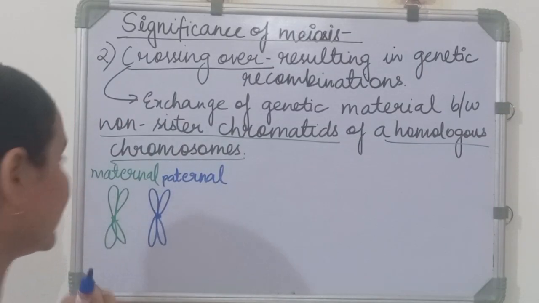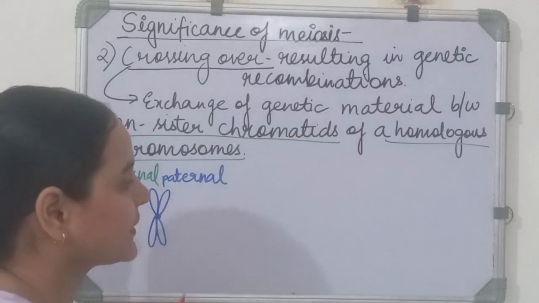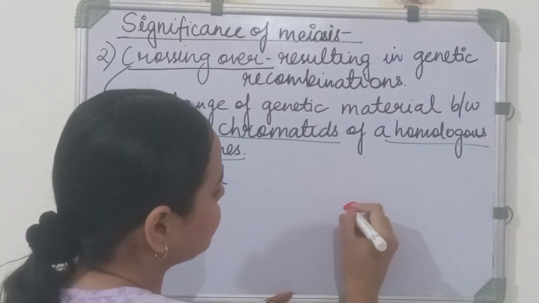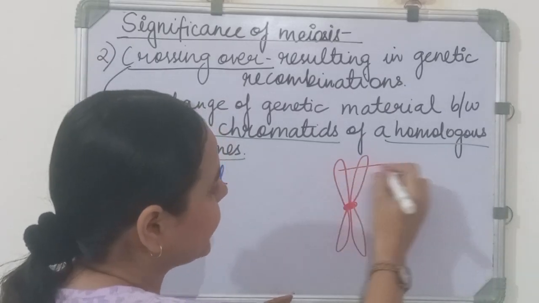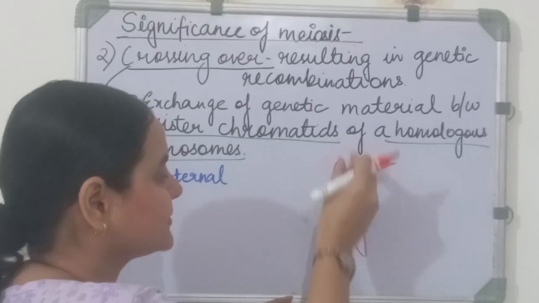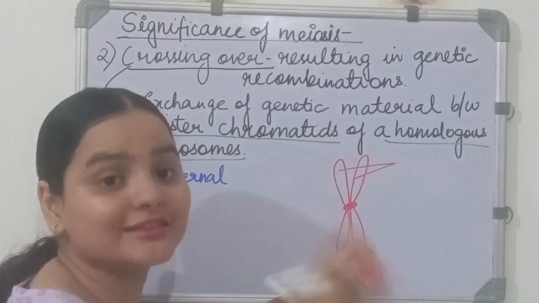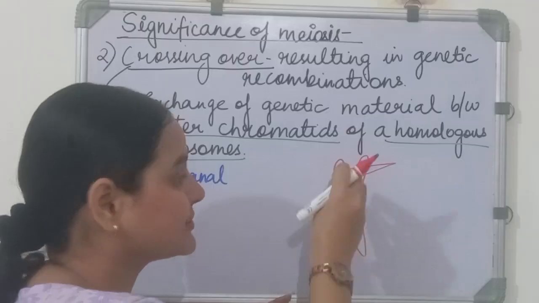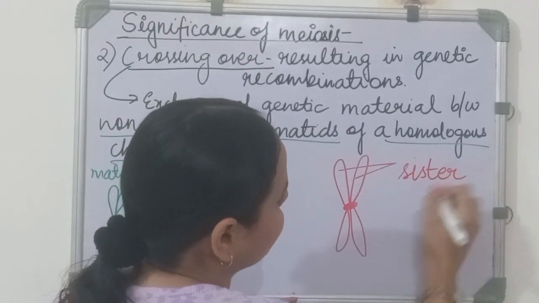Now, let's see what the word non-sister chromatid means. Suppose I am drawing a chromosome. This is one chromatid, this is the second chromatid, and the chromatids present on the same chromosome are known as sister chromatids.